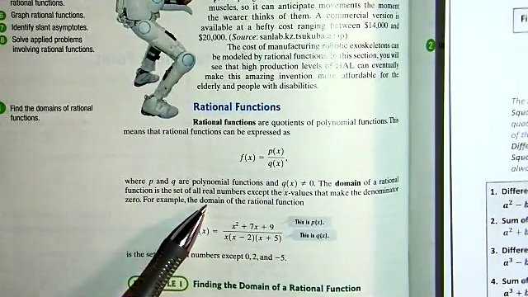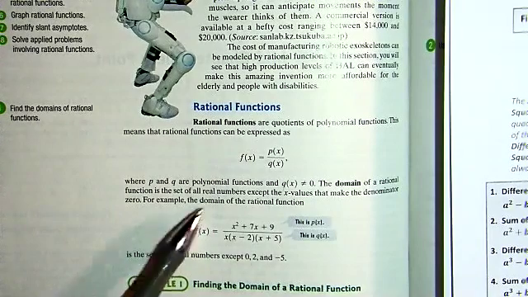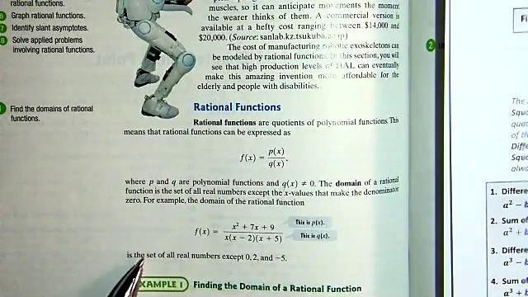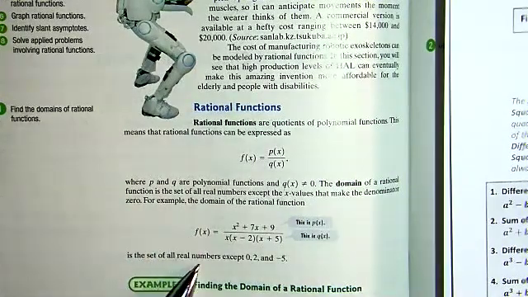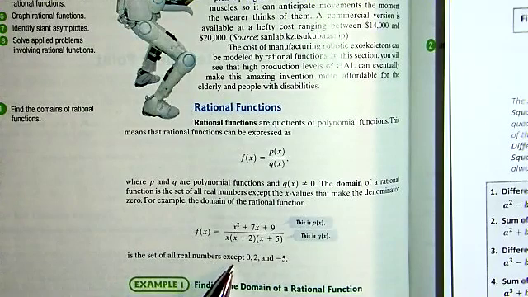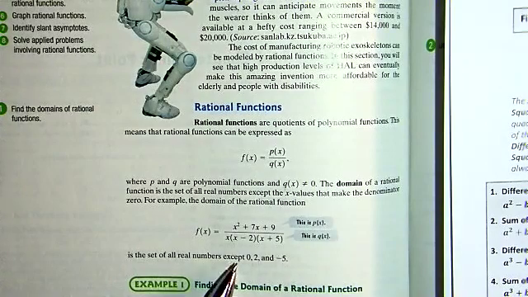One more piece of information here. We've talked quite a bit this year about domain, how the domain is the set of all the values of x that are available as inputs for our function f. Down below it says the set of all real numbers except. Remember, when you're looking at the domain, we always start with the biggest possible set, which is all real numbers. Then we look at any values of x that might not be available. Those relate back to those two things we can't do, which are divide by 0 or take the square roots of negatives.